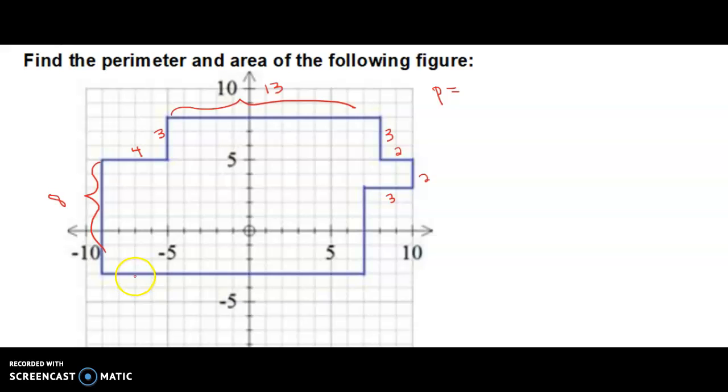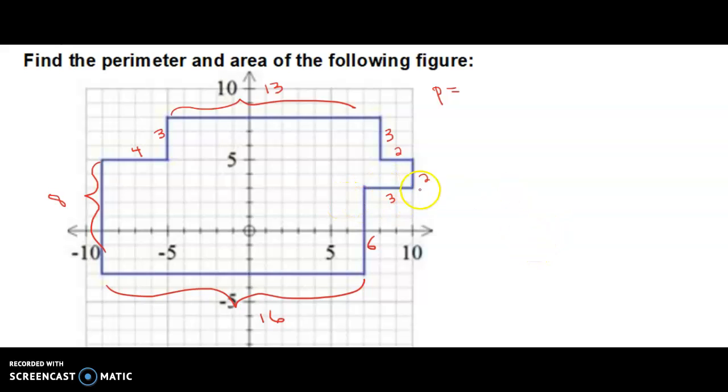And 16, 1, 2, 3, 4, 5, 6, 7, 8, 9, 10, 11, 12, 13, 14, 15, 16. Double check me, but I think it's 16. I counted 16 twice. And this is 6. So I believe that's the perimeter. Okay, that's everything around.